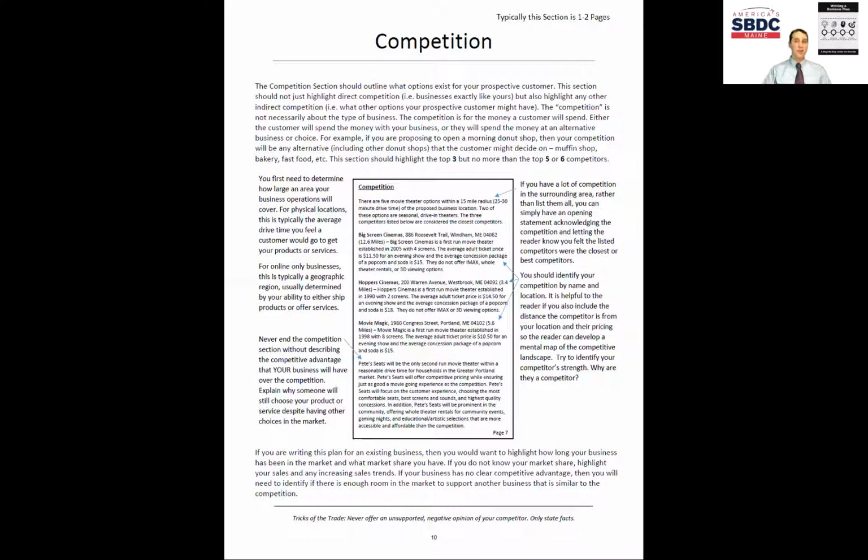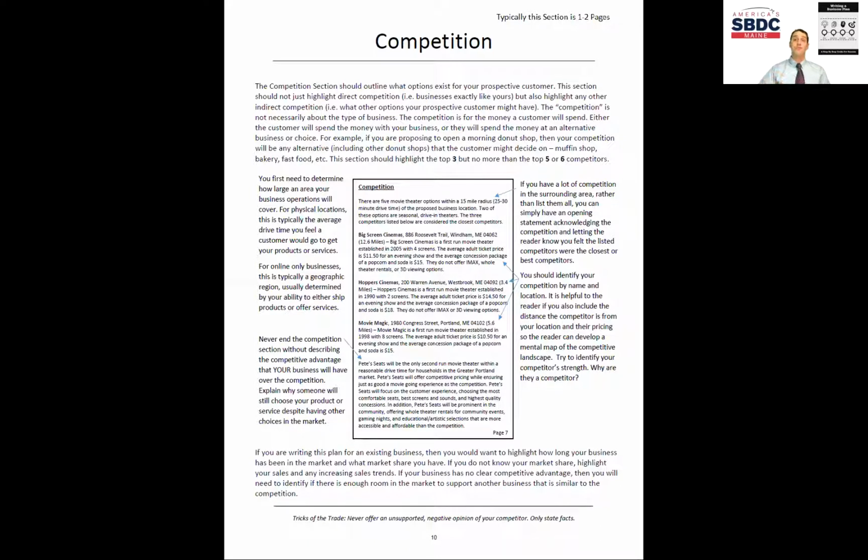Now, with the internet and online-only businesses, this has gotten a lot harder because your competitors could be anywhere, right? So what you're looking for with those types of businesses is who has the largest market share. Those are your competitors if it's online, because there's less barriers to entry, right? It's not location specific.